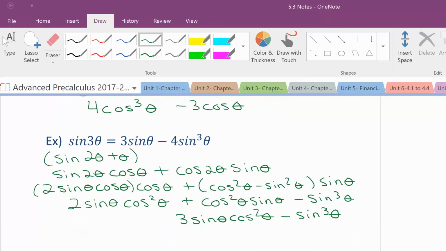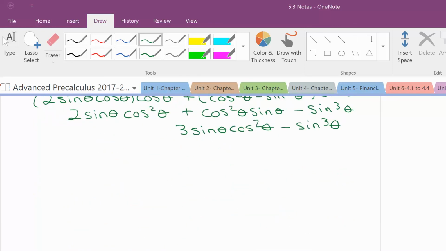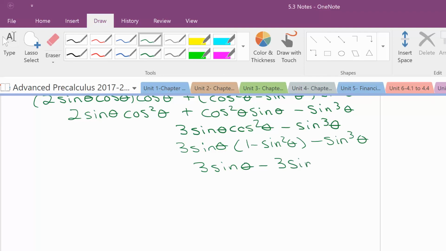All right, so then you substitute in, and you get cosine squared is 1 minus sine squared. And then you distribute. So 3 sine theta minus 3 sine to the third minus sine to the third. And then you combine the like terms, and that's where you get the 4 sine to the third.